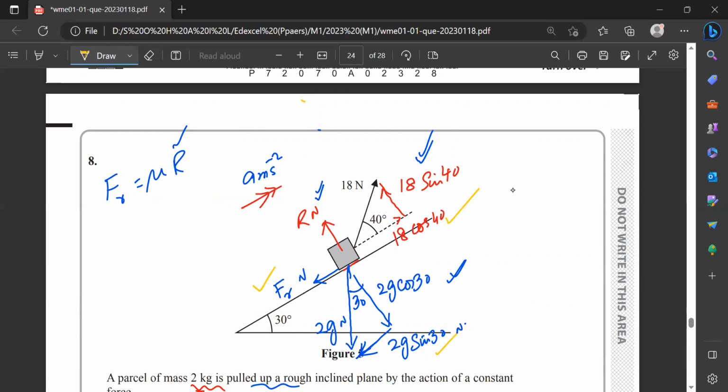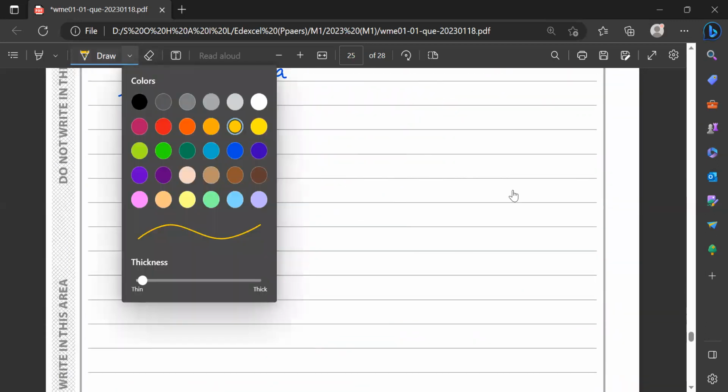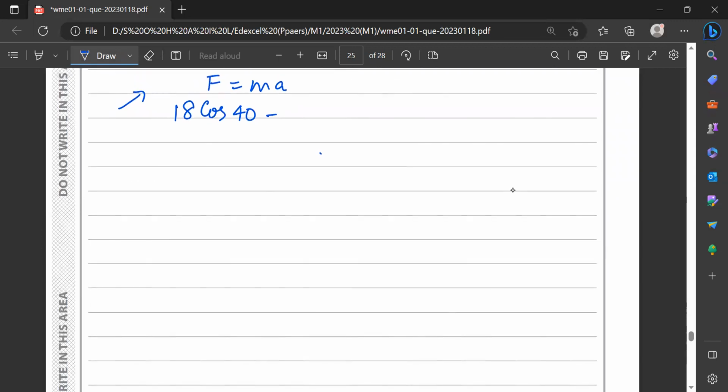So 18 cos of 40 minus 2g sine 30 minus friction Fr equals ma, 2 into A, where A is the question.